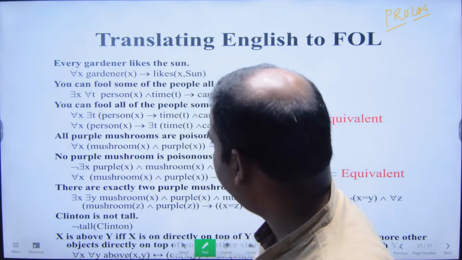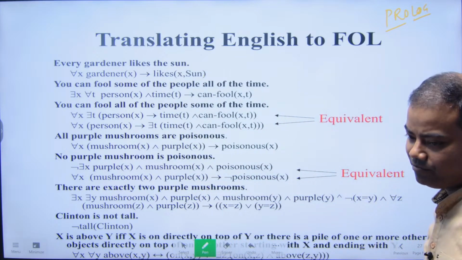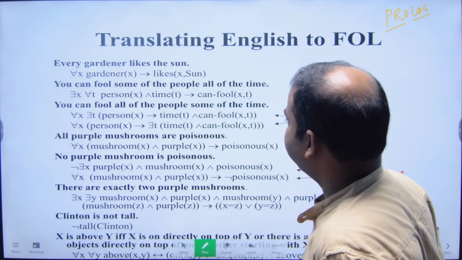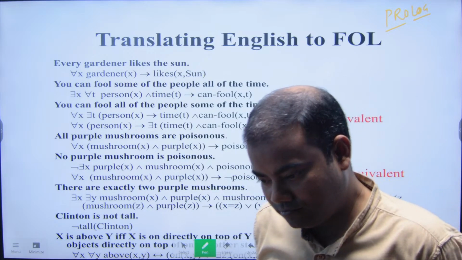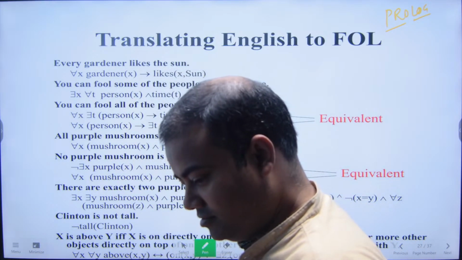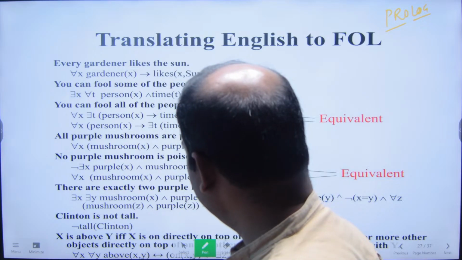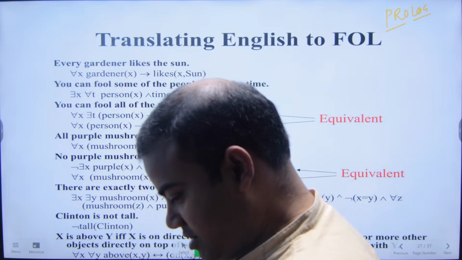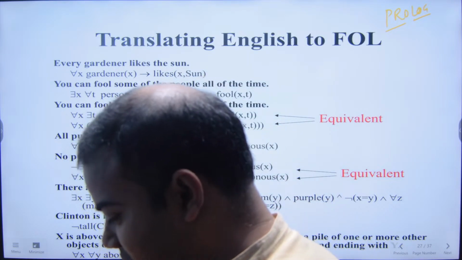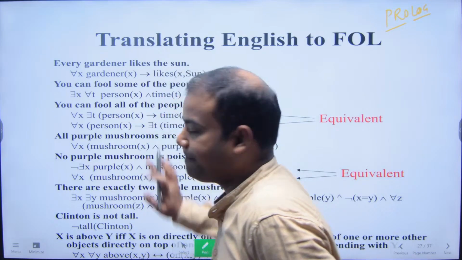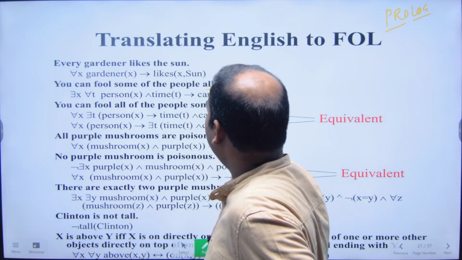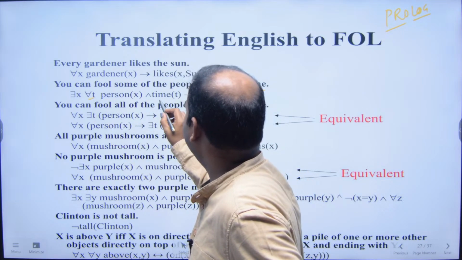You can write P(x) for person x, and every time can be represented like t. Correct. For every person, yes, it is correct. Now look here, because here it is all the time. So what we have done, for all t, time t.